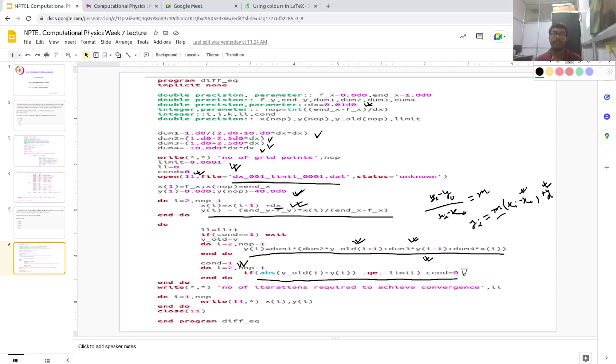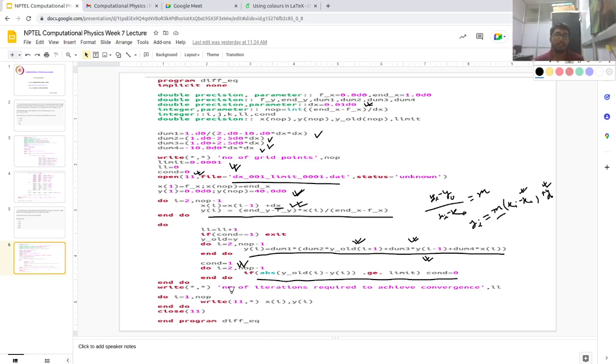Then the condition is 0, and until the condition is 0 we have this loop updating the y value again and again. When it gives condition 1, that means this absolute difference has to be less than or equal to the limit. Then the loop will exit.